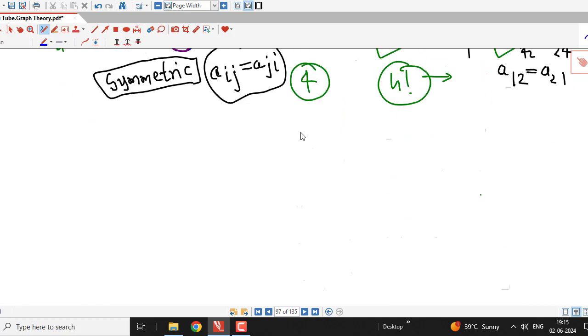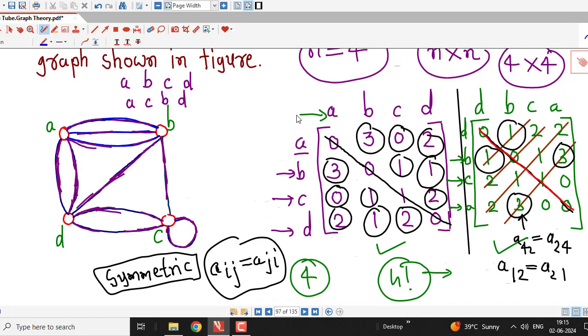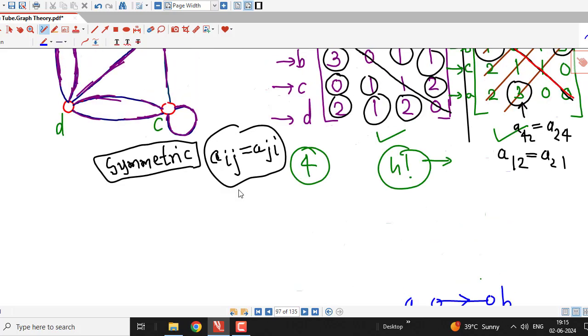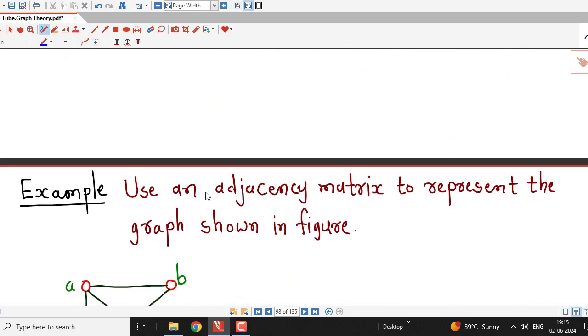If our graph is a directed graph, then it may happen that if there is an edge from vertex A to vertex B, there is no edge from B to A. So in the case of a directed graph, it is not always necessary that the adjacency matrix is symmetric.